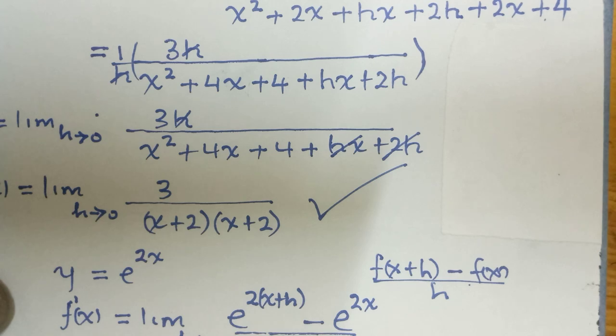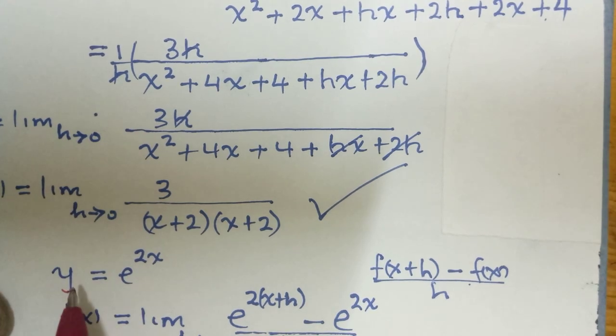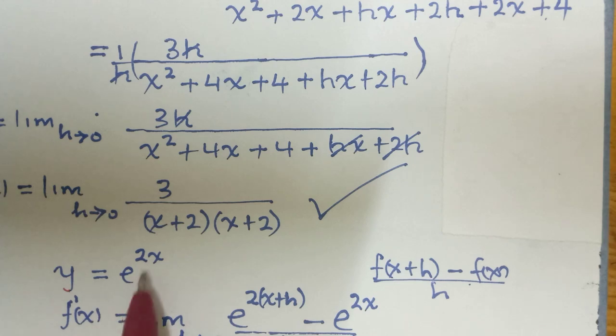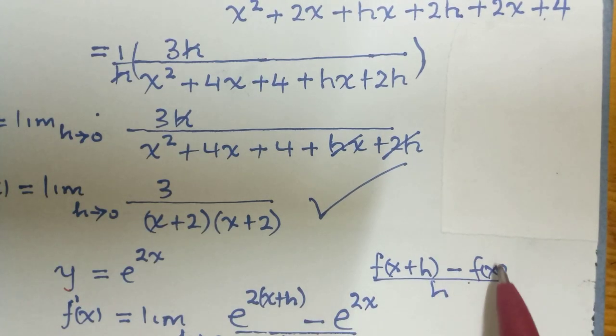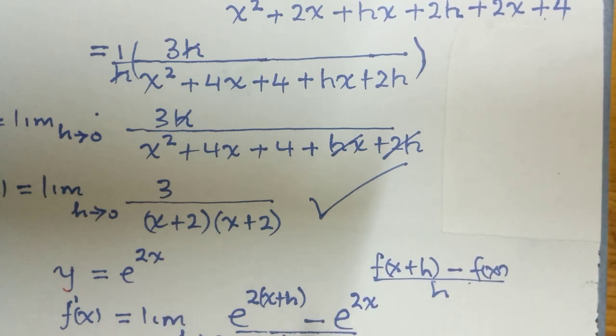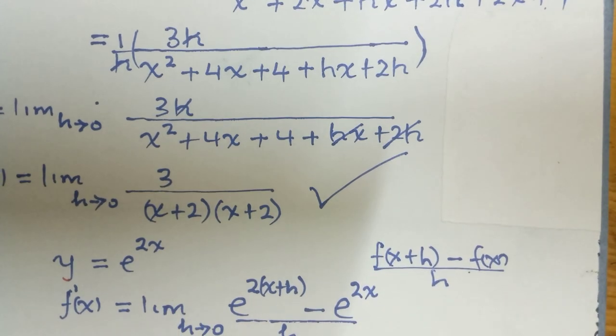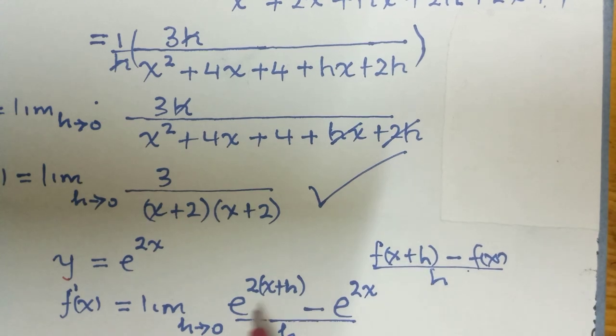I had already done it, and this is how it goes, guys. Here we have y equals e raised to 2x. So we apply this formula now, guys, for our e raised to 2x. And so we shall have, for the first one, e raised to 2, then you have x plus h.